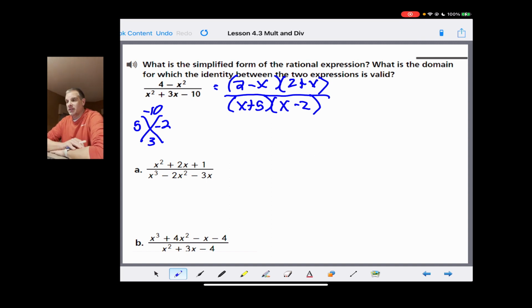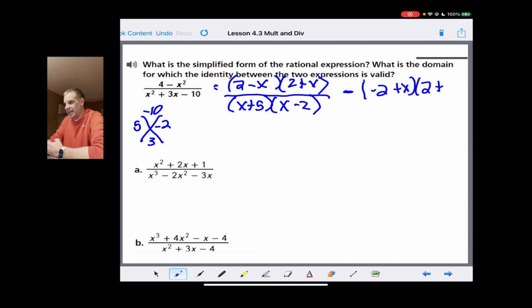But is there something I could multiply that top thing by that would make it the same? And the answer to that is yes. I could multiply it by a negative. If I multiply this top one by a negative, this 2 minus x would then become negative 2 plus x.